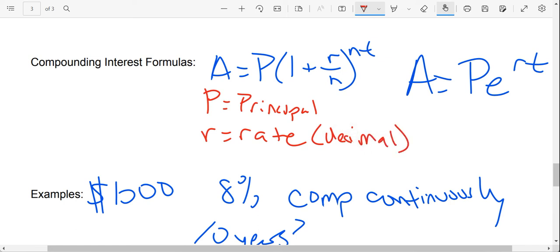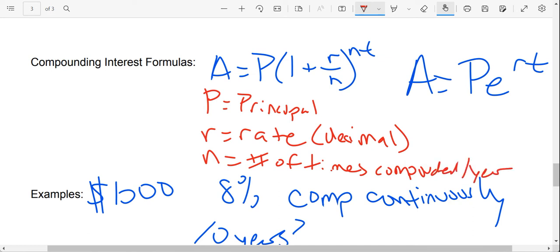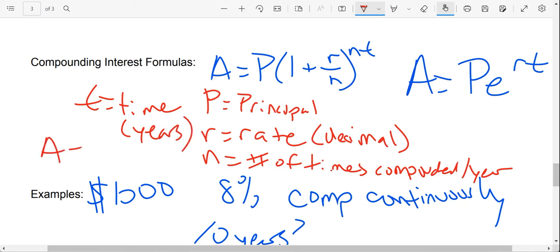So if it's 10%, do not put 10 in for R. N is the number of times compounded a year. T is the time in years. Okay. A is the amount after time t.